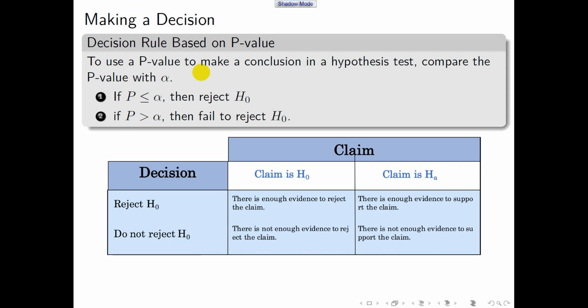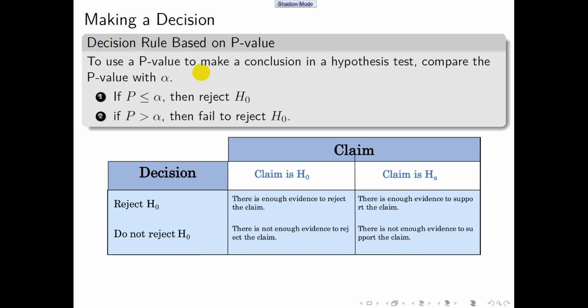If our claim is the alternative hypothesis, do you remember, for example, p is not equal to 1/8 might be our claim, and this is going to be our alternative hypothesis. If we reject the null hypothesis, it means that we support the alternative hypothesis. Basically, we support the claim.